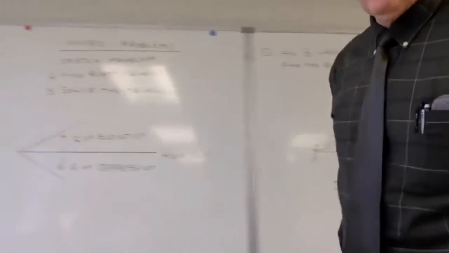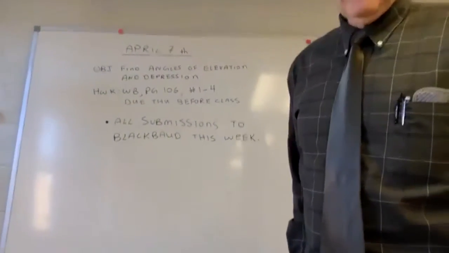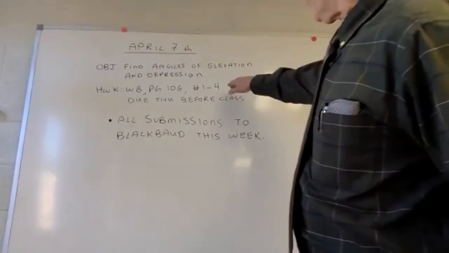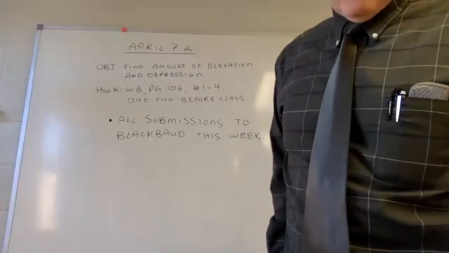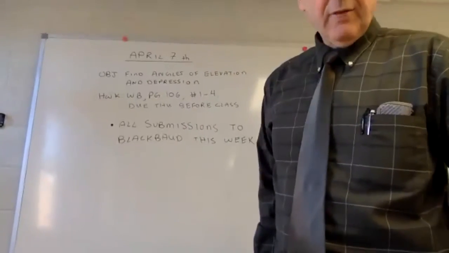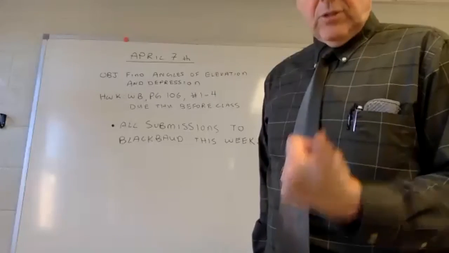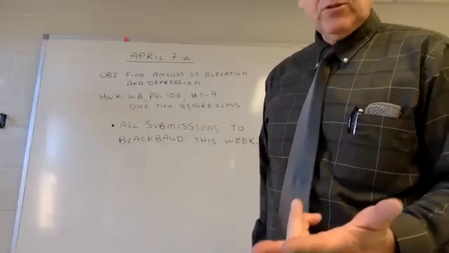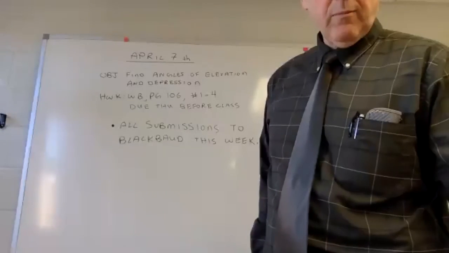Make sure that for homework, there's a couple more word problems. It's only 2 word problems, numbers 3 and 4. So it's not that much homework, but it'll give you a good review of how to make your sketch, find the right triangle, solve the right triangle. Those are the 3 steps that you want to take in these problems.